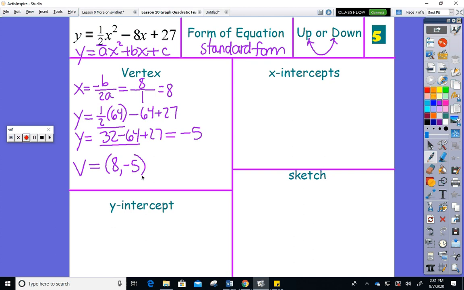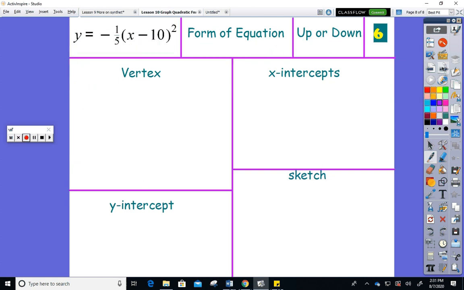So let's do the last problem, and that is to look at this one. Now, let me say that you can look at this one 2 different ways. I'm going to write this and then I'll erase it. I could look at it as negative 1/5, and I could think to myself that x minus 10 squared means x minus 10, x minus 10. If I look at it that way, I'm thinking it's in factored form.